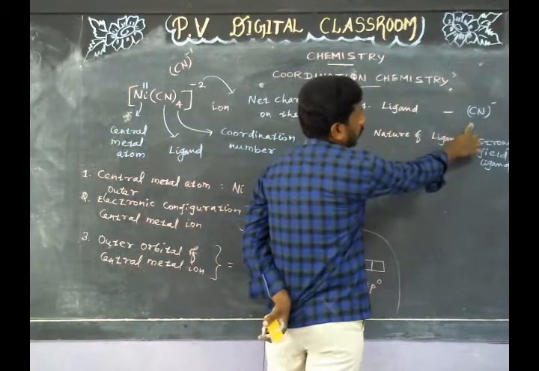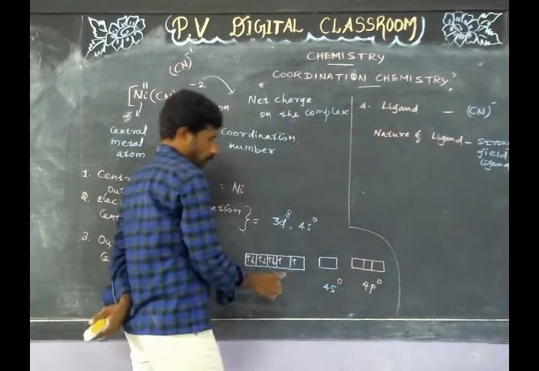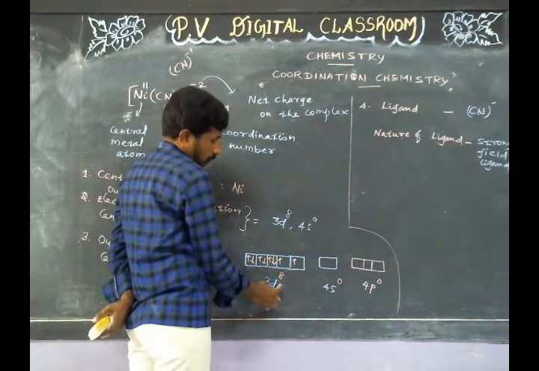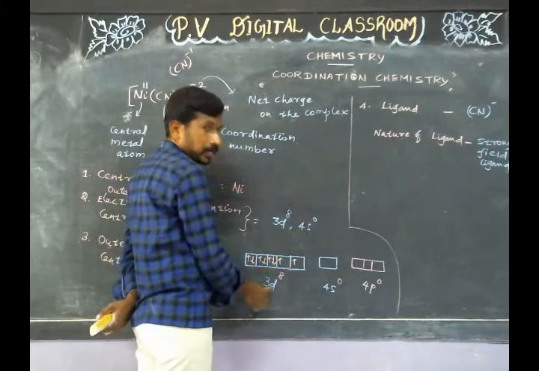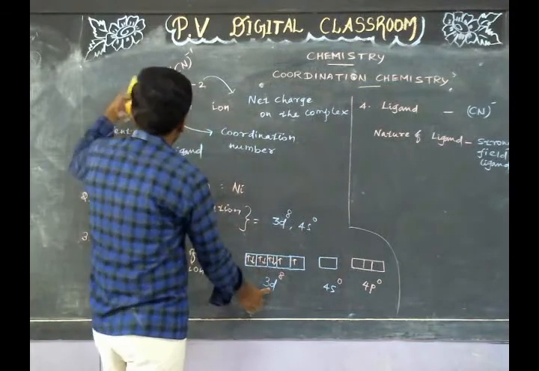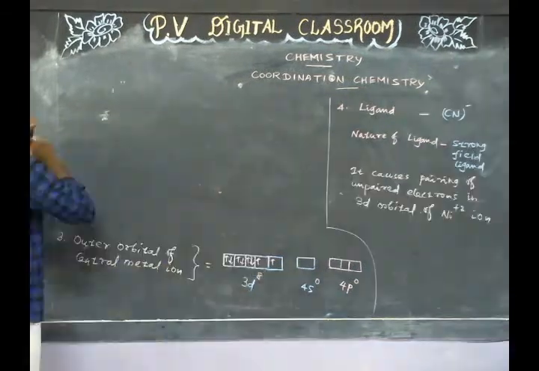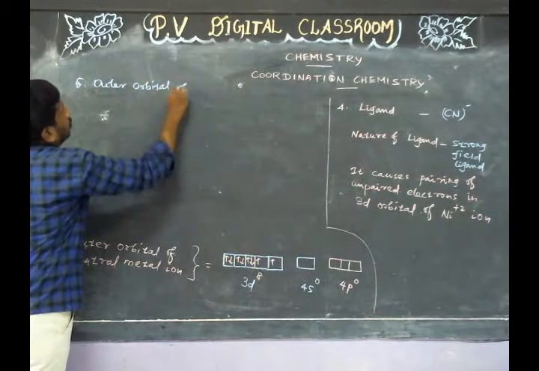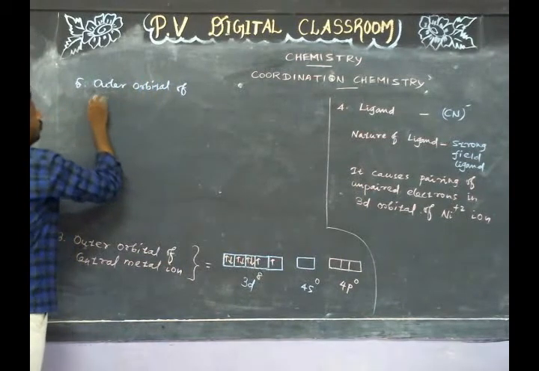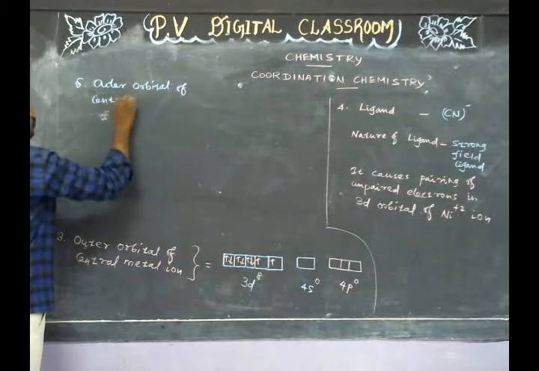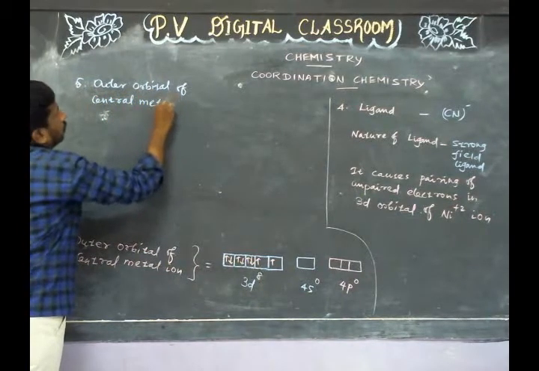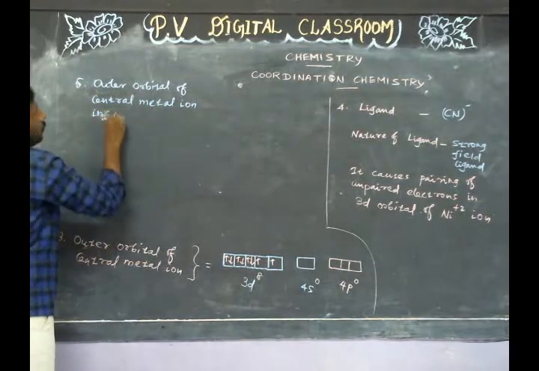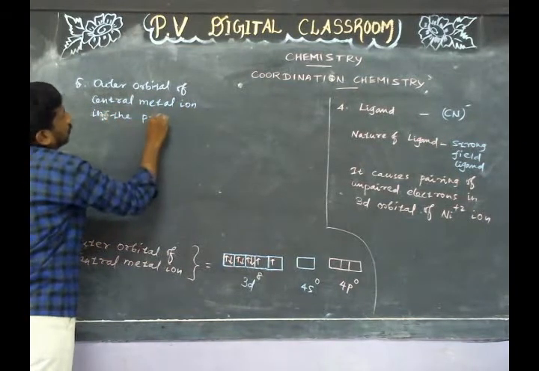This strong field ligand causes pairing of unpaired electrons in the 3d orbital of the Ni2+ ion. These are the outer orbitals of the central metal ion in the presence of the ligand.